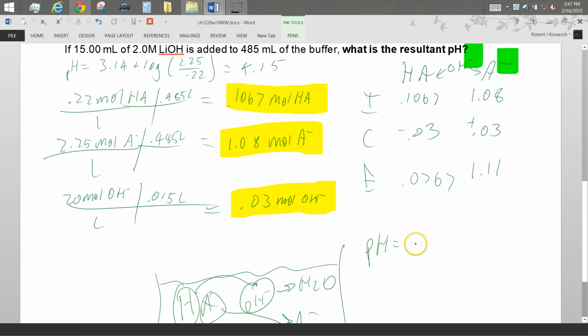The pH of this new solution, after I've added the hydroxide, is going to be the pKa, which was that 3.14, plus the log of, now it's going to be 1.11 divided by 0.767. And so my pH is equal to 3.14 plus log, 0.111 divided by 0.767, close parentheses, equals.